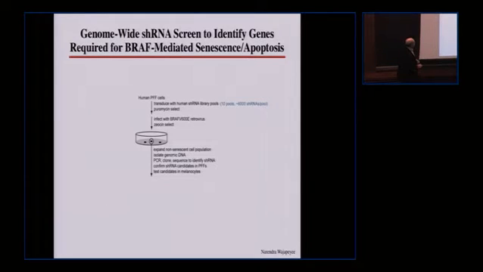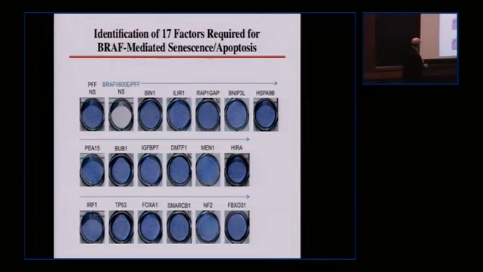Basically, he induced senescence in cells by introducing BRAF V600E, and then he looked for shRNAs that can overcome the senescence and allow the cell to grow. We reasoned that such shRNAs would be directed against the factors that were required for BRAF to induce senescence. This screen worked very well for him and allowed him to identify 17 factors required for BRAF-mediated senescence.